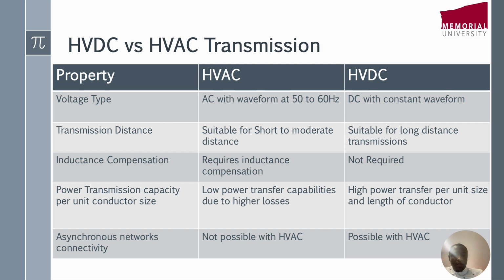Power transmission capacity per unit conductor size: HVAC has lower power transfer capabilities due to higher losses, while HVDC has high power transfer per unit size and length of conductors. Asynchronous network connectivity: with HVAC, it's not possible, but with HVDC, it's possible.